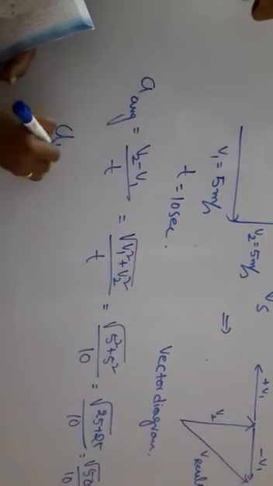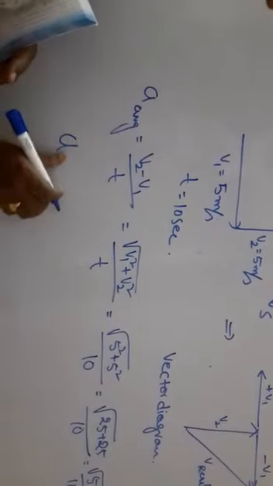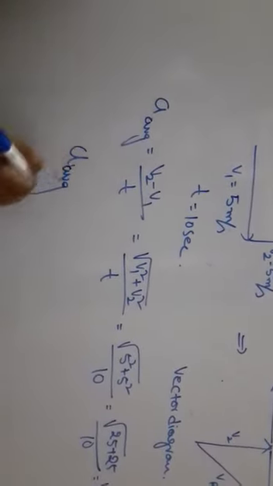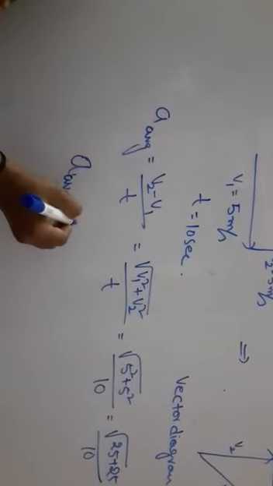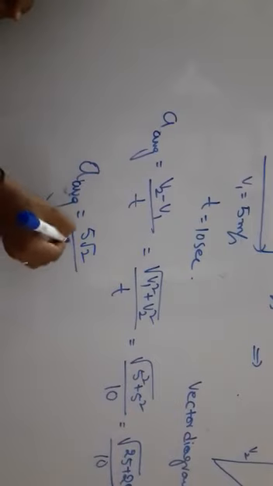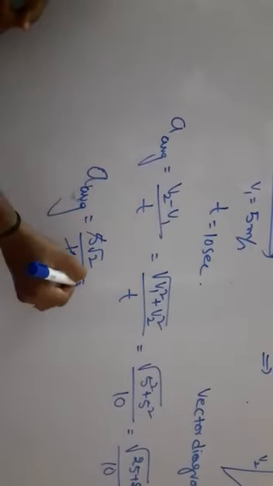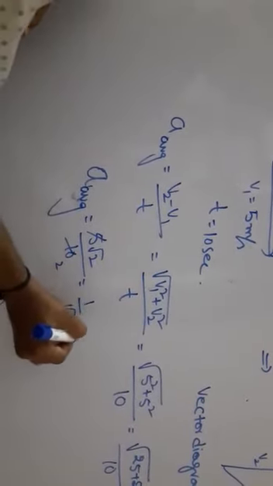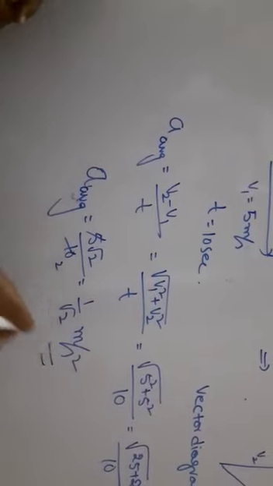Next, average acceleration is 5 root 2 divided by 10, therefore 1 by root 2 meter per second square.